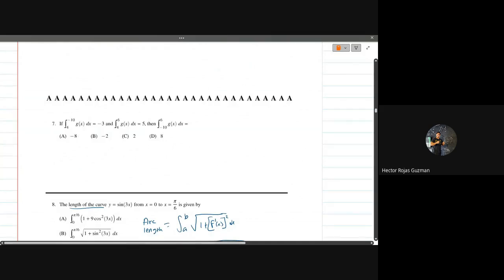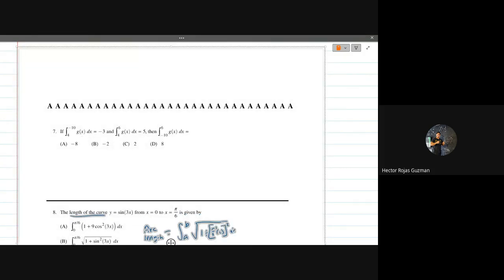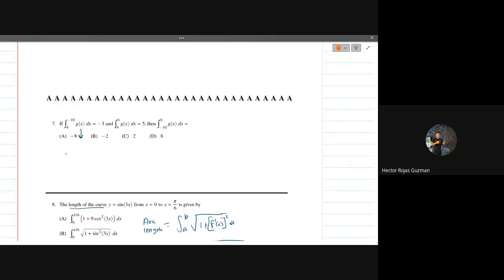Number 7. Given two integrals, find the integral from negative 10 to 6 of g of x dx. Okay, this is what I'm going to do. I'm going to take the first integral and I'm going to flip it. Negative integral from negative 10 to 4 of g of x dx plus the integral from 4 to 6 of g of x dx.